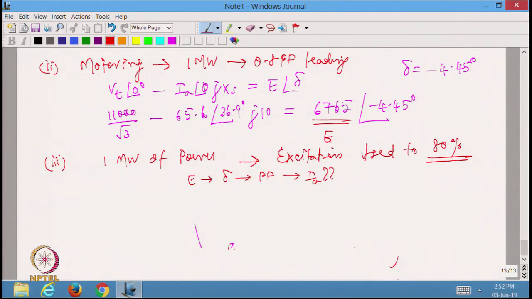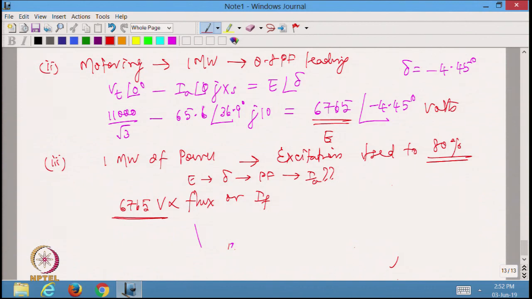Okay? Now here we got E to be 6765 volts. And this is proportional to the flux or IF. When it was 100% flux, I had 6765 volts, right?